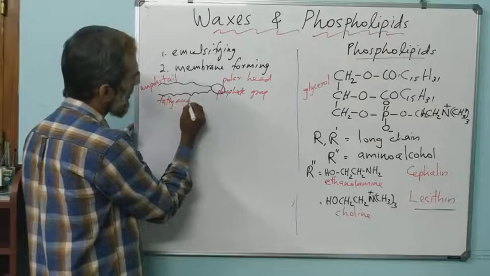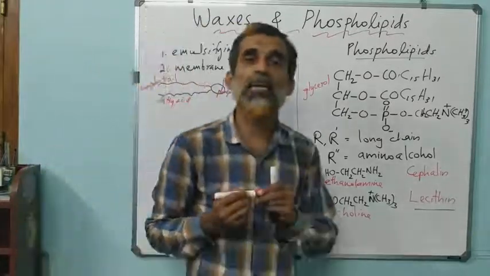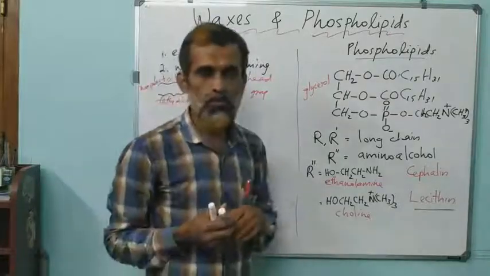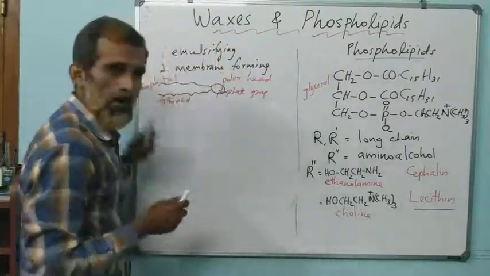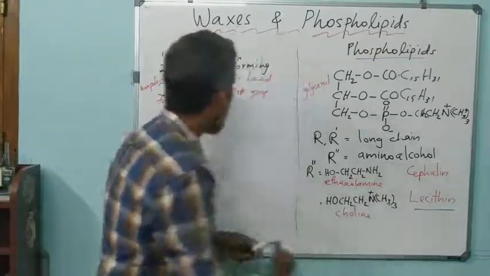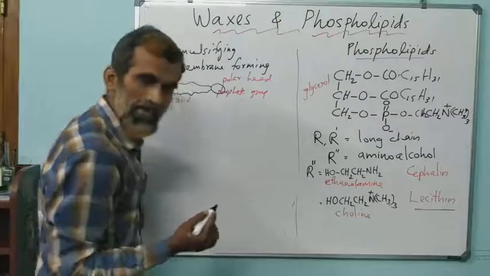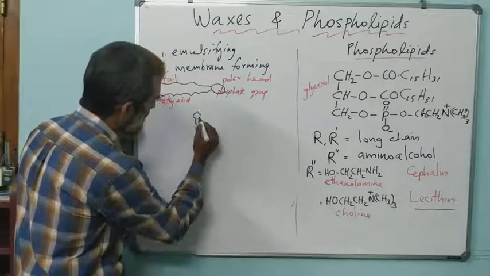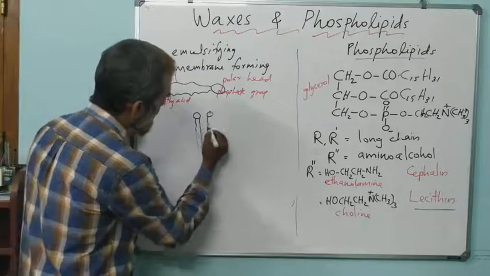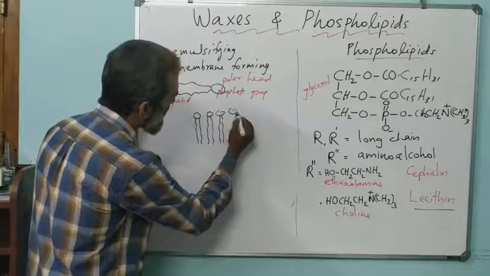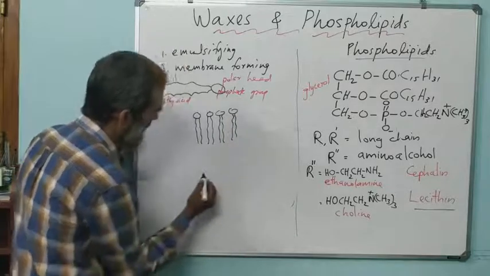Due to this dipolar nature, phospholipids can form what is known as a lipid bilayer. See, it is like this. This is how phospholipids make up the cell wall, like this.